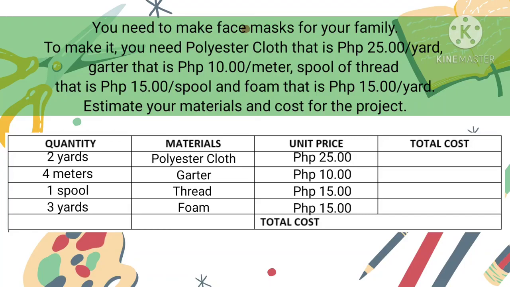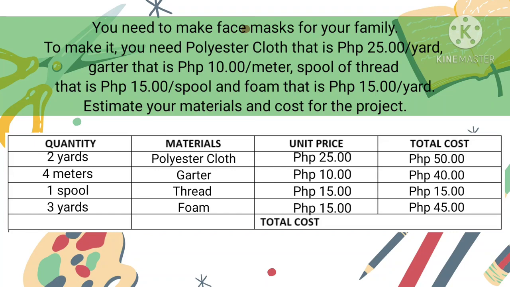For the total cost, it answers the question, how much you are going to spend for all the materials needed. To get it, we need to multiply quantity and cost for each material. For polyester cloth, 2 times 25 is equal to 50 pesos.